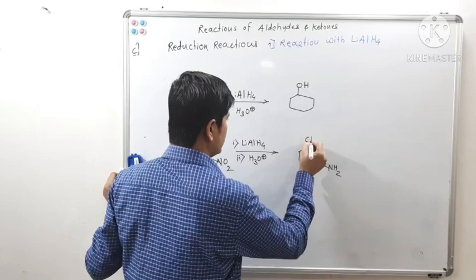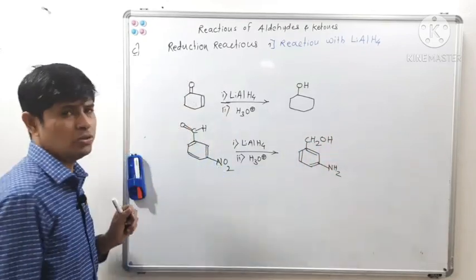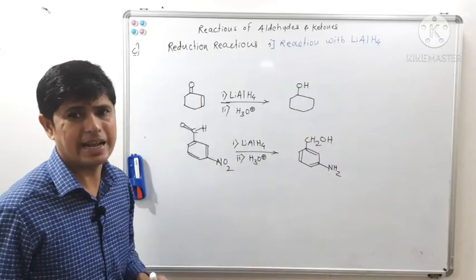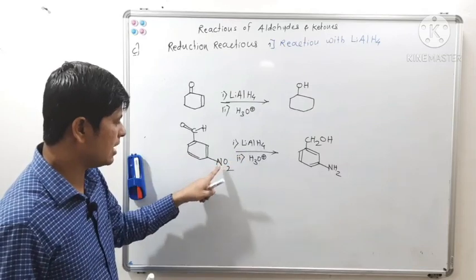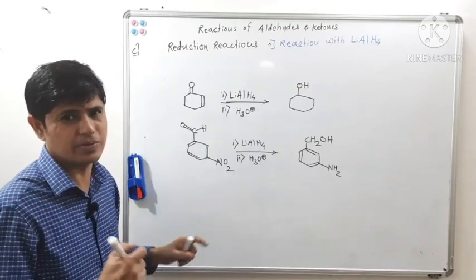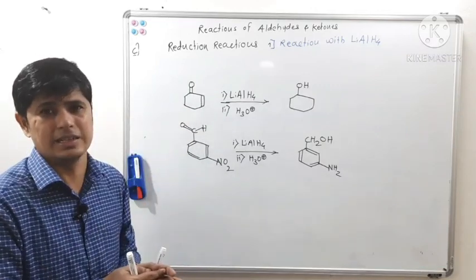Along with this reduction. Why is it so? Because lithium aluminum hydride is a very strong reducing reagent, so it can reduce another polar functional group which is present in the starting material.